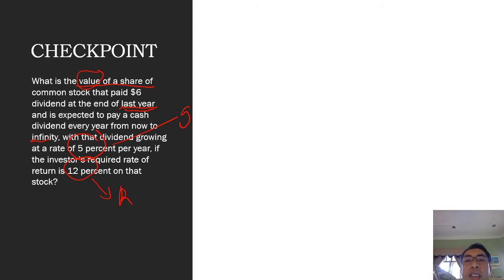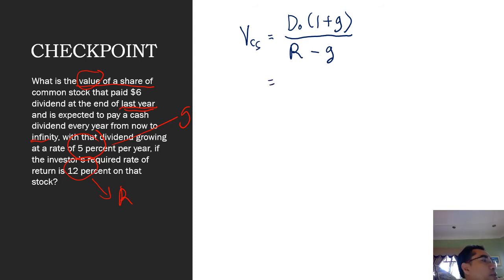The formula is: value of the common stock is equal to D0, the dividend now, multiplied by 1 plus g, divided by r minus g. So what is dividend 0?